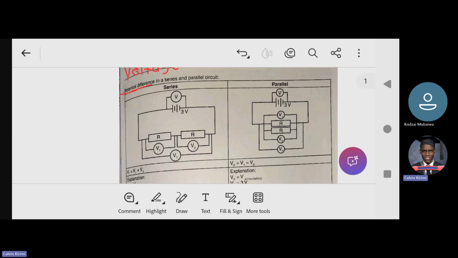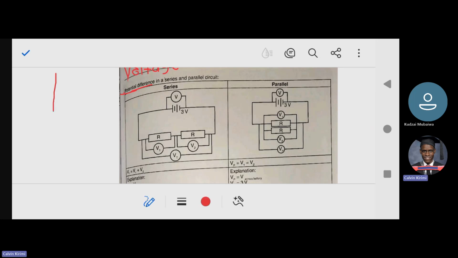There is a line that is given, the long one and the short one. What do these lines mean? The long one, what is the polarity? Is it positive or negative? Positive. Then the short one is negative.